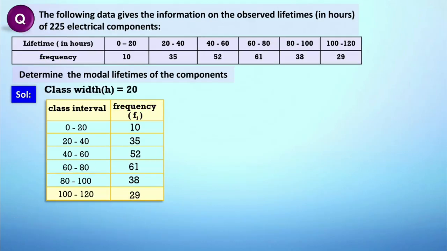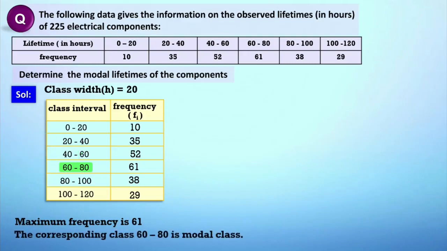After getting class interval and frequency, we will identify the maximum frequency, which is 61, and the corresponding class interval is the modal class. Then we mark 61 as F1. F0 is the frequency of the class interval preceding the modal class and F2 is marked as the frequency of the class interval succeeding the modal class.